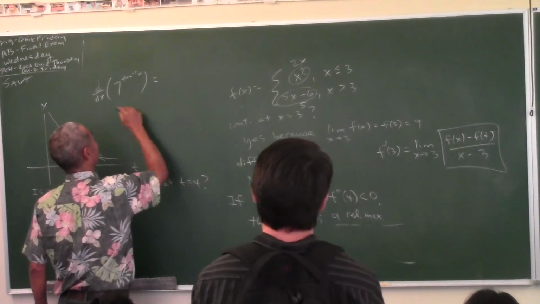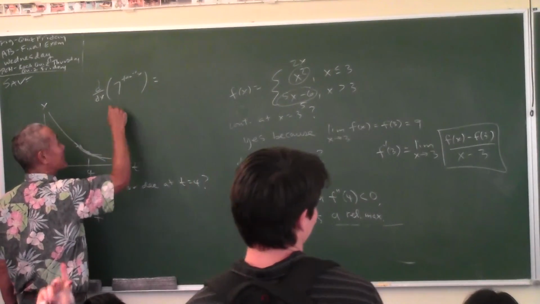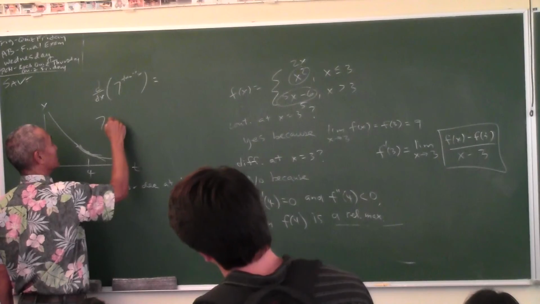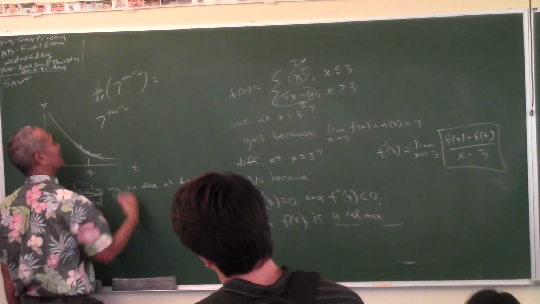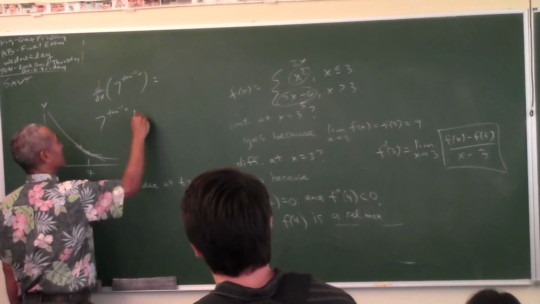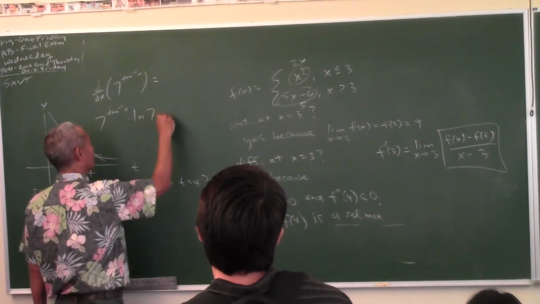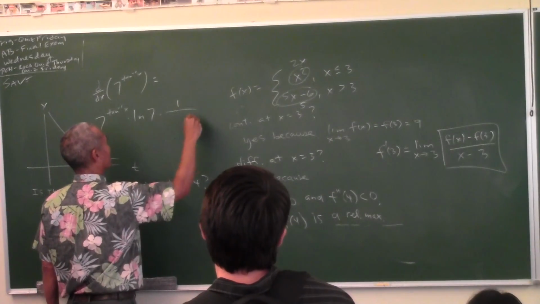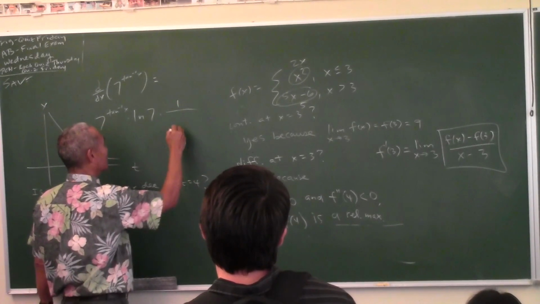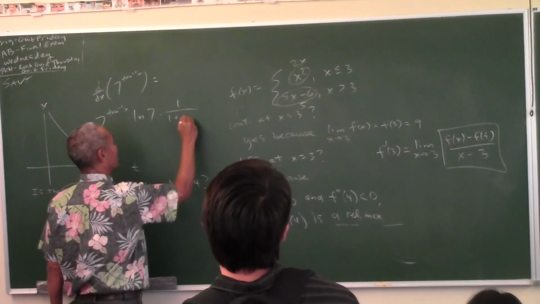It's 7 to the u, times natural log of 7, times the derivative of the exponent. She got the order wrong, but she's right.